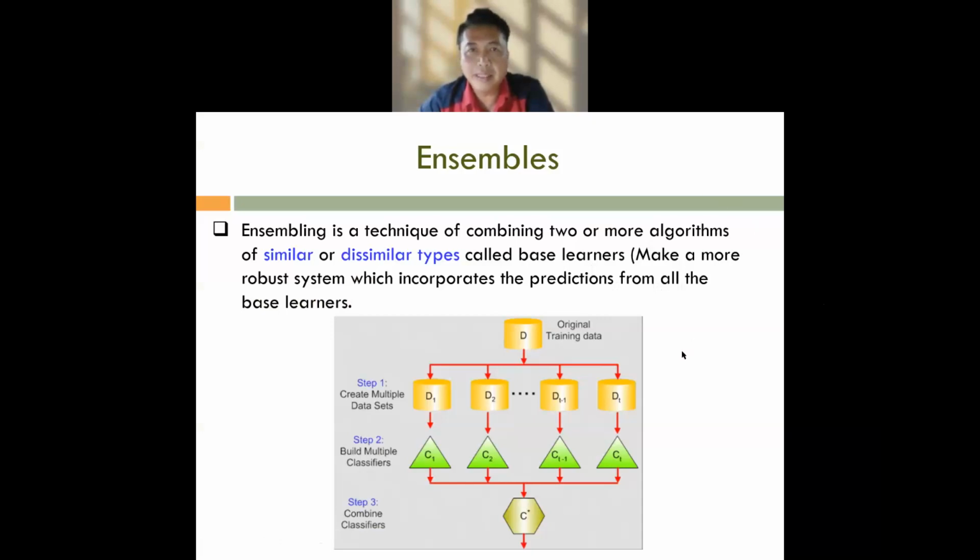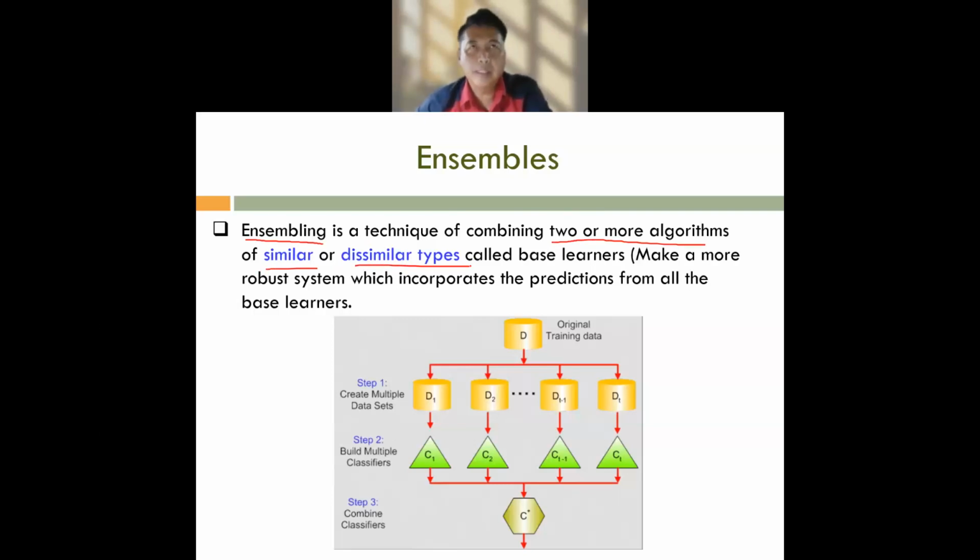So the basic idea of the ensemble is how do we combine a few classifier given the data set, and then how do we combine the result of all the multiple classifier that we use. So when we talk about ensembling, ensembling is a technique of combining two or more algorithm of similar or dissimilar type.